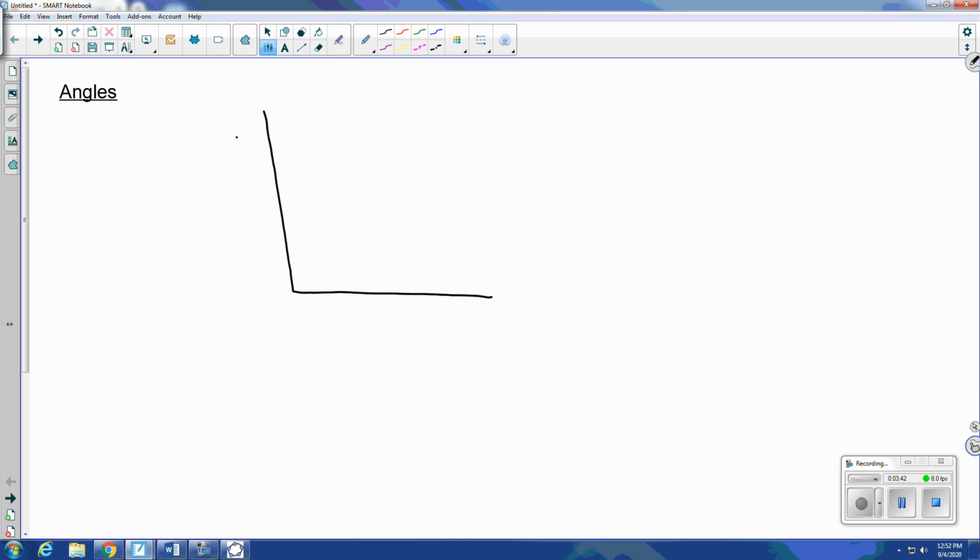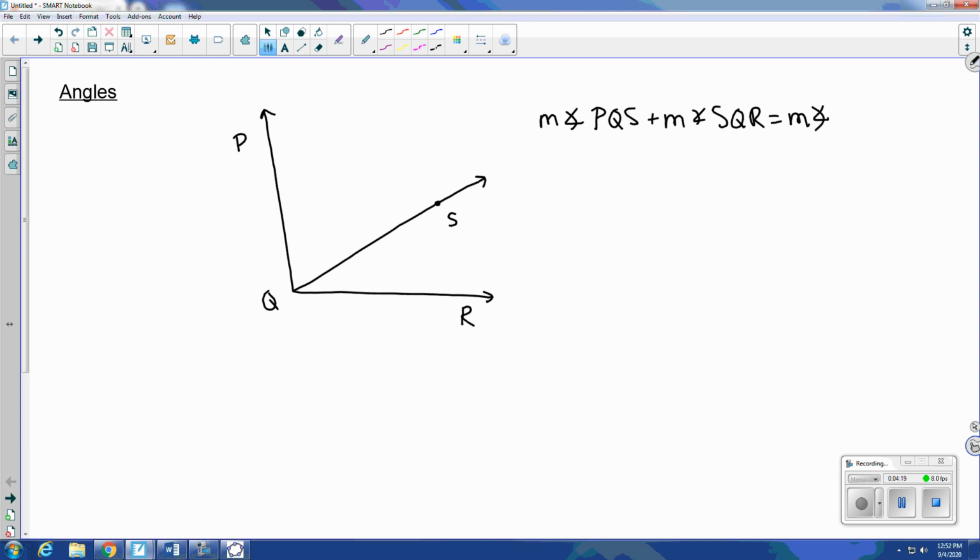So if we have this large angle PQR, and some point S that's on the interior of this angle, there is a ray that can be drawn from Q through S. We have now divided our large angle into 2 subangles, and the angle addition postulate, as you might expect, tells us that the measure of angle PQS plus the measure of angle SQR should equal the measure of the entire original angle PQR.